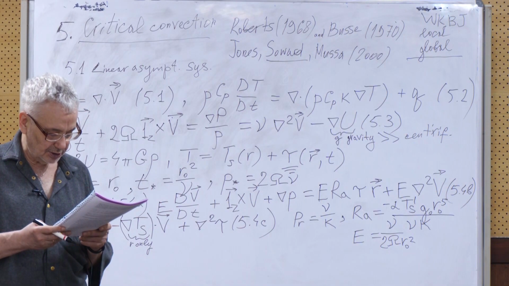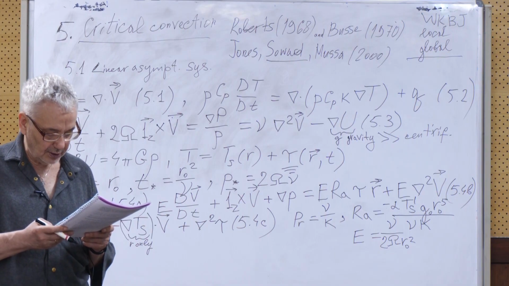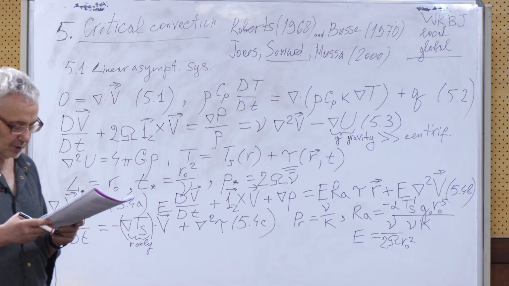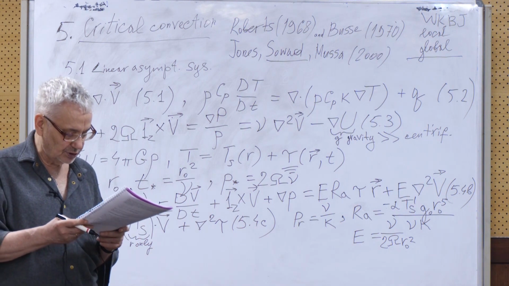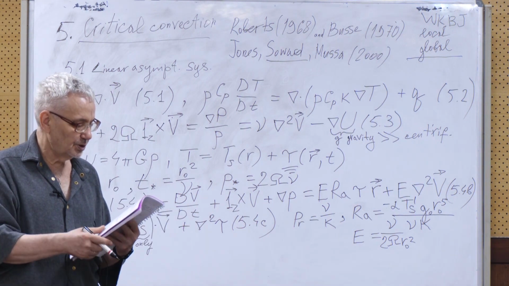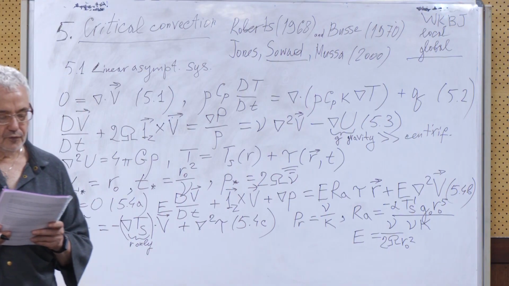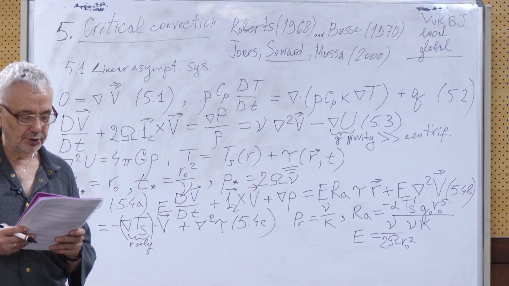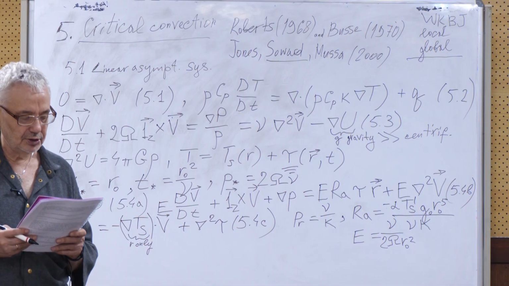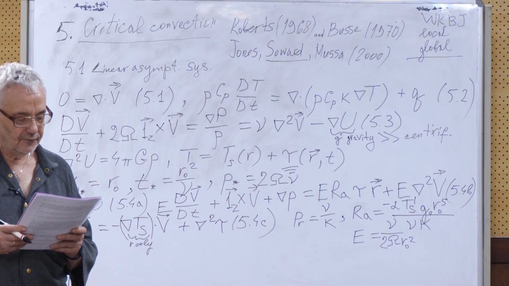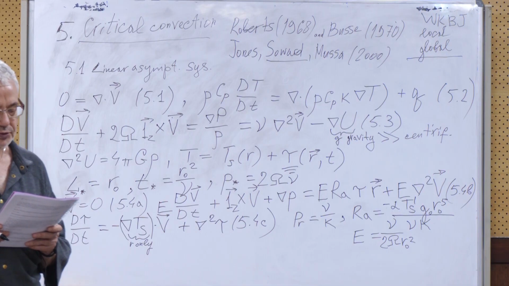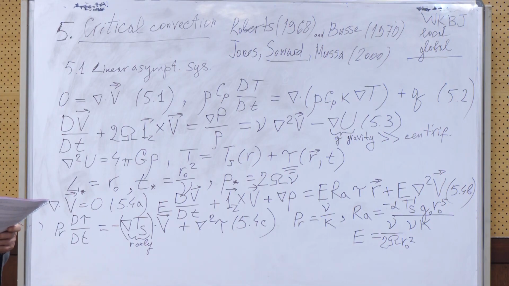When the fluid is at rest, the steady temperature profile Ts of r, and its derivatives, depend on the heating mode that is considered. Most of the known works consider either so-called internal heating or differential heating. In the first case, it is assumed that the distribution of the heat sources is uniform in the fluid volume. In the second, that the temperature values are fixed at the inner and outer boundaries of the spherical layer.